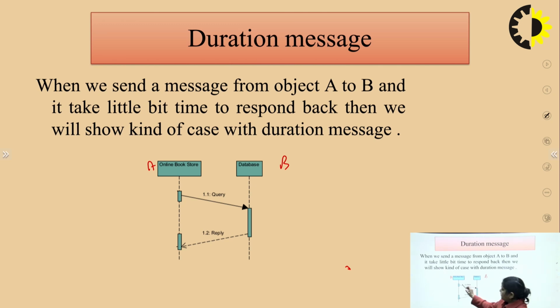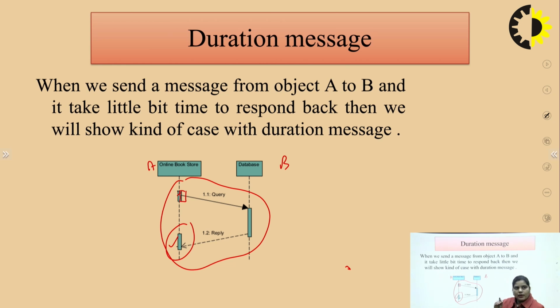This lifeline activation has sent a query to the database, and until that time the online bookstore is not receiving the reply. So this represents the duration of the message: from this duration up to this duration, the query and response communication takes place between these two objects.